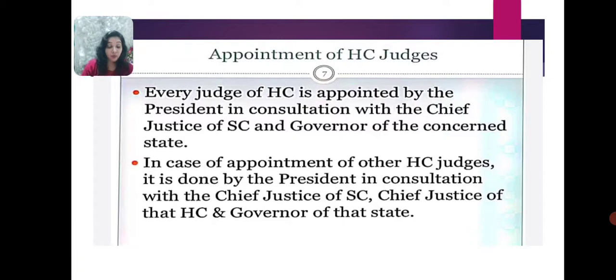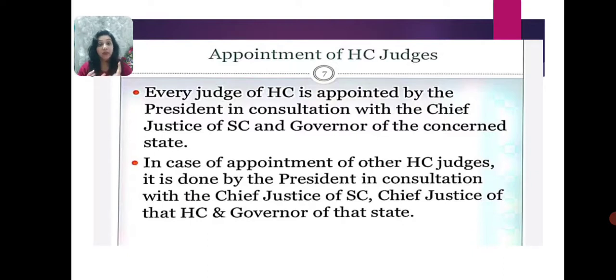Now let us see the appointment procedure of High Court judges. Every judge of a High Court is appointed by the President in consultation with the Chief Justice of the Supreme Court and the governor of the concerned state. We know that every state has a chief minister and a governor, and the chief minister is elected by general election every 5 years, whereas the governor is appointed by the president.